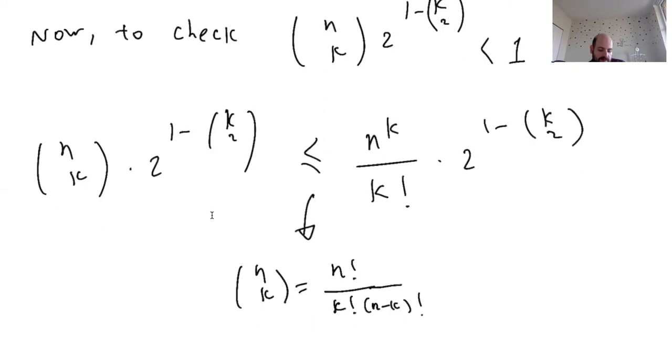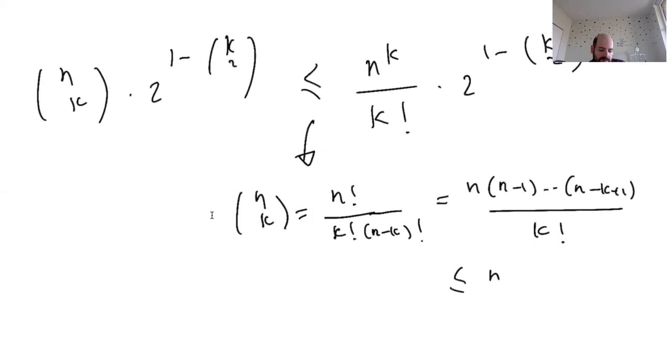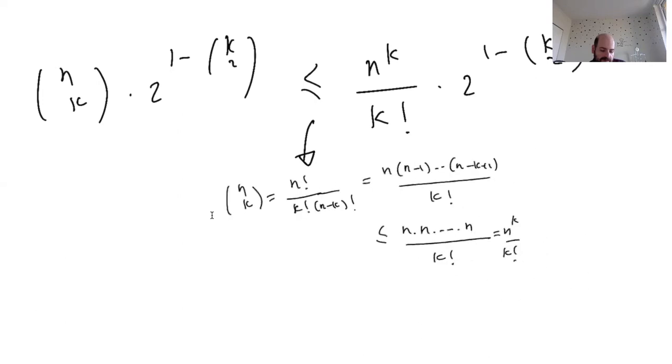Now this one can be written as n times n minus 1 times up to n minus k plus 1, over k factorial, and this is less than or equal to n times n times n over k factorial, which is n to the power k over k factorial. Okay, so it's a very simple justification for this inequality.